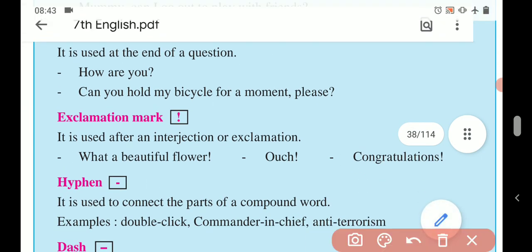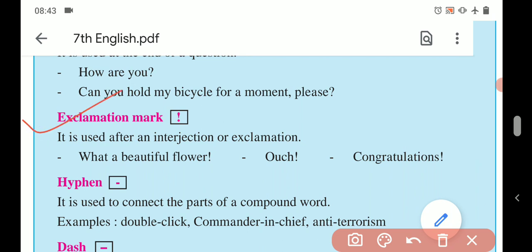Next punctuation mark, that is exclamation mark or exclamatory mark. It is shown over here. It is used after an interjection or exclamation. So we have gone through interjections through one of the videos. So all those examples you might be recalling.